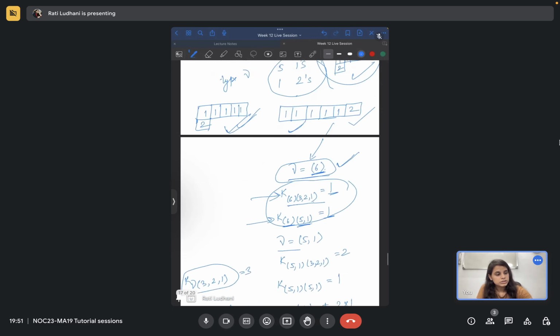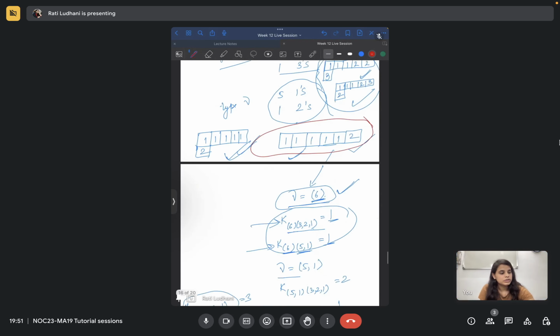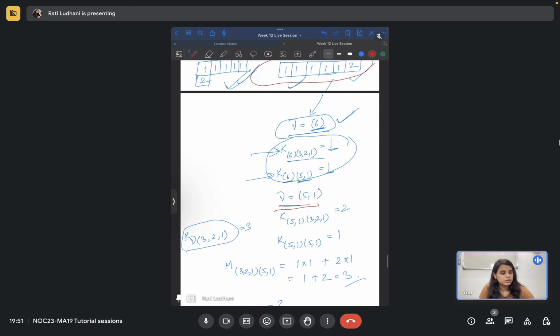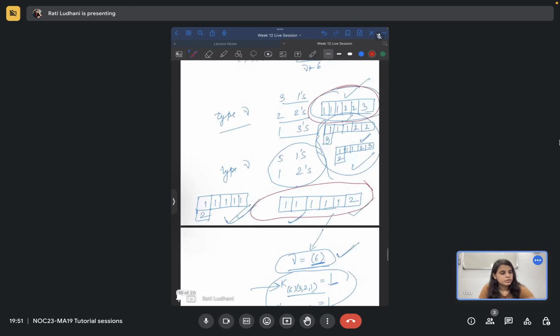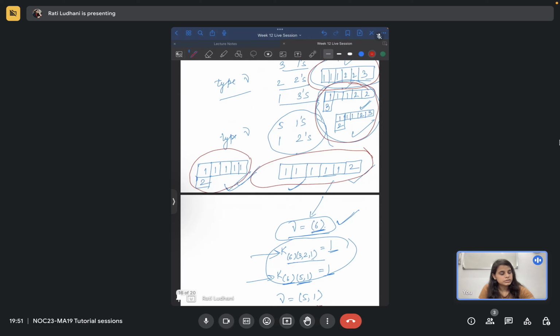This is the case. As you can see, you got 1 and 1, and when you switch to nu equal to 5 comma 1, we got two options with 3 2 1 and one option with 5 comma 1.